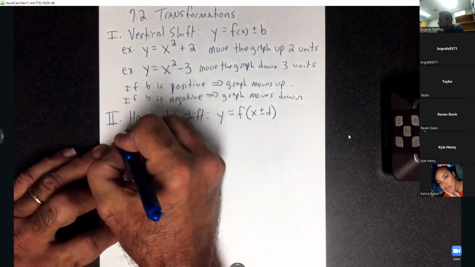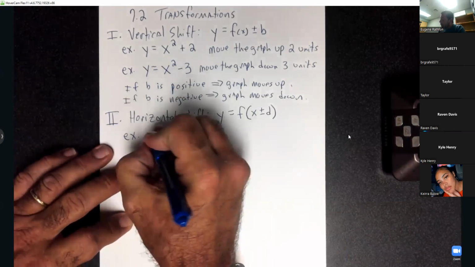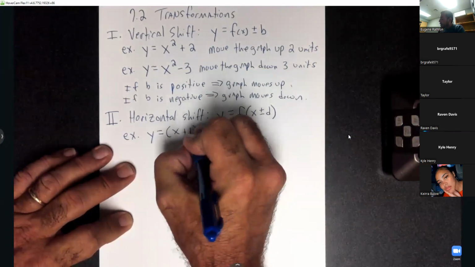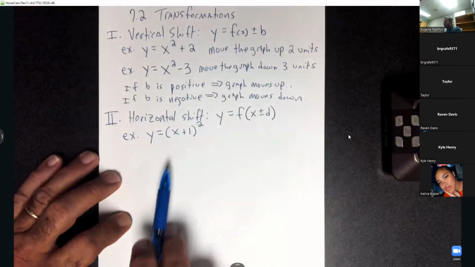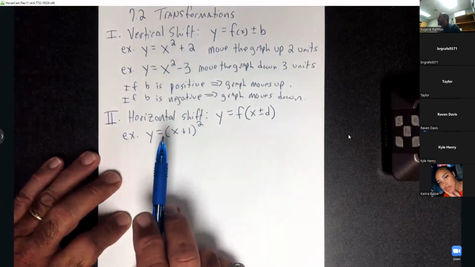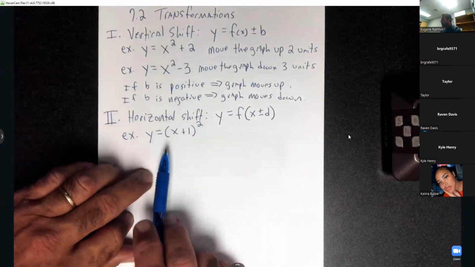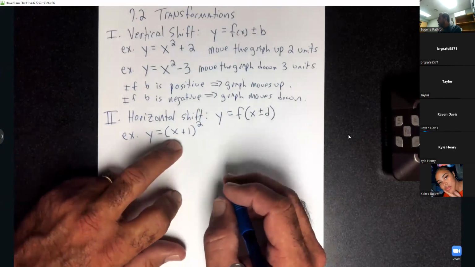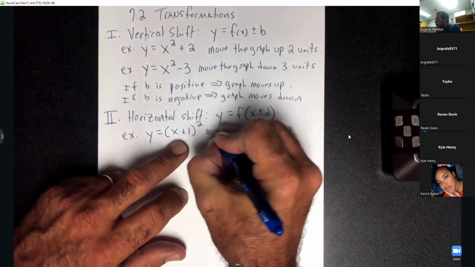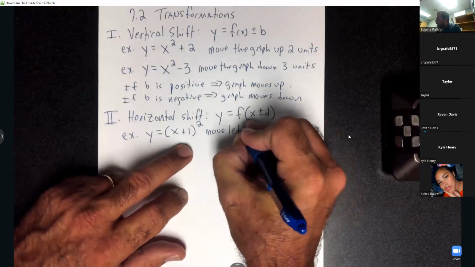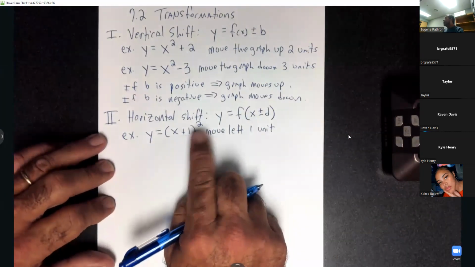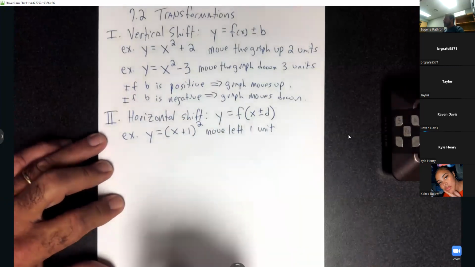So y'all watch this one. y equals (x plus 1) squared. Notice the difference: I didn't add it to the end of my function. I changed the x value of the function. So when you change the x value of the function, it's going to move left or right. This one will move left 1 unit. If you add to the x before you square it, it's going to move left 1 unit.